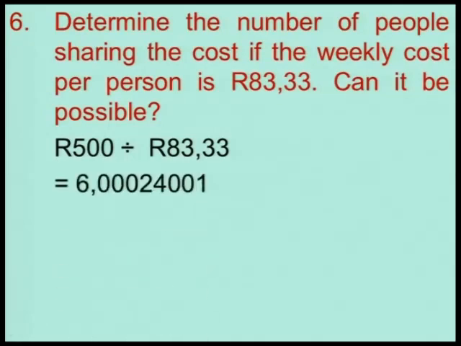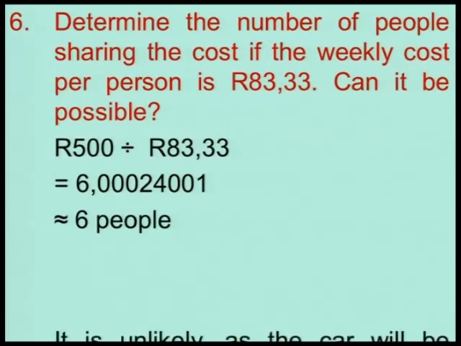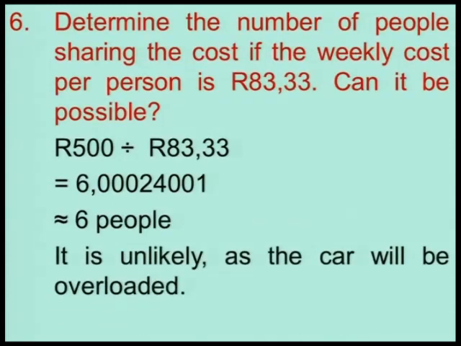You get an answer of 6,0024. We round off, and remember, we don't get half a person. We will always round off to a whole number. So therefore, it will be 6 people. Now, can it be possible that there's 6 people in the car? It's possible, but very unlikely, as the car will be overloaded.